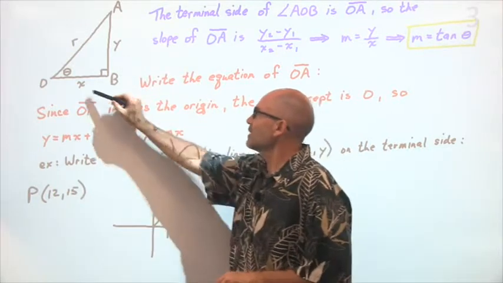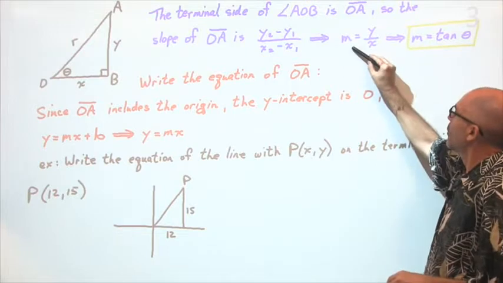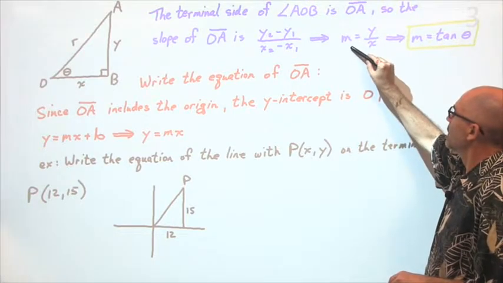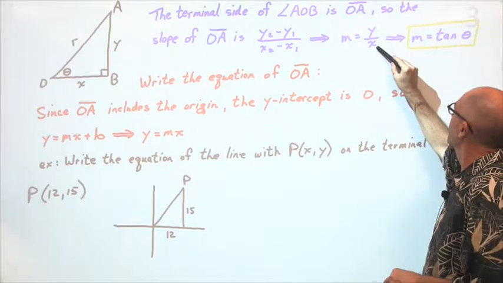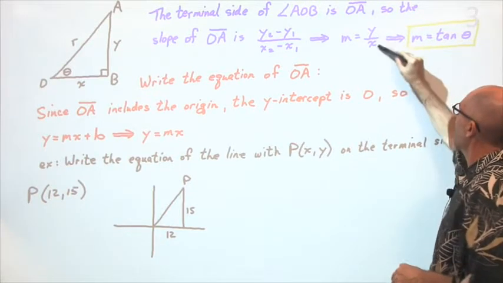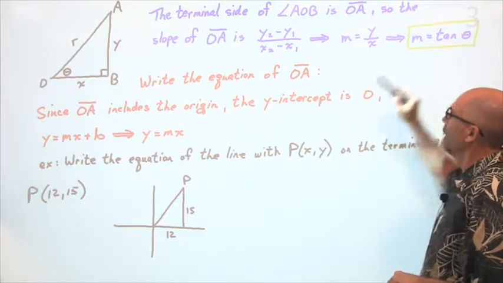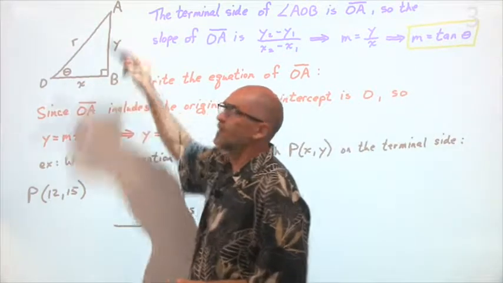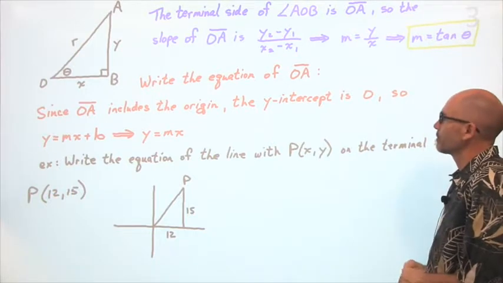The change in x is just the x value. So that means the slope of the terminal side here is y over x. So y over x is tangent theta. So that tells you the slope of the hypotenuse is always going to be tangent theta.